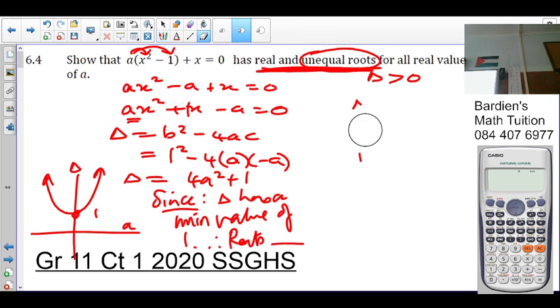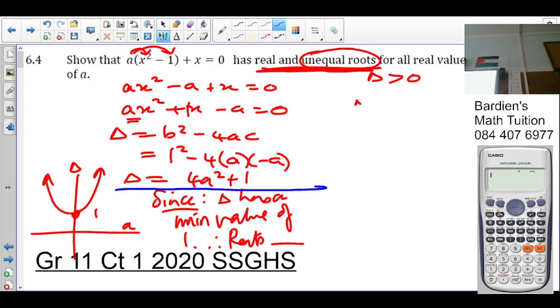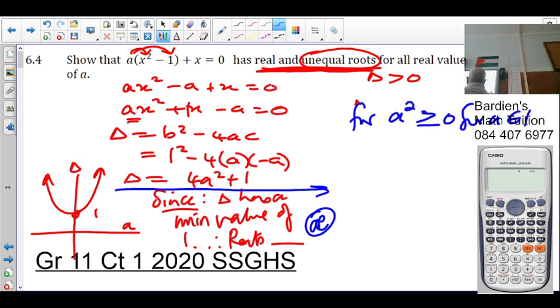On the other hand, you go and you prove that thing up until there. a squared will always be greater than or equal to 0 for a an element of real numbers.